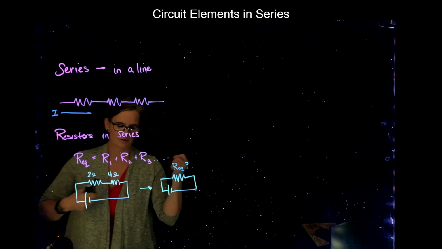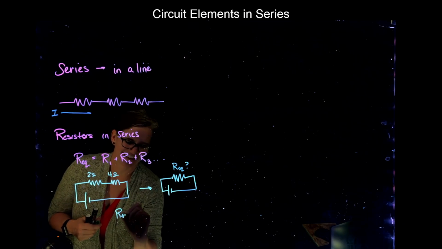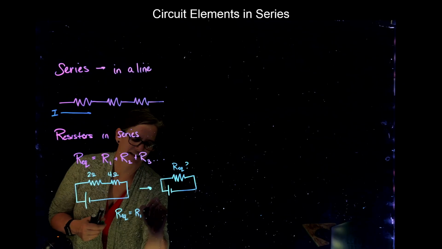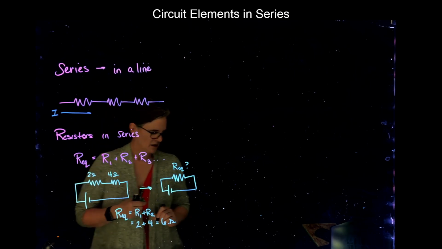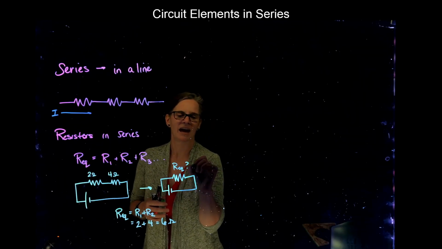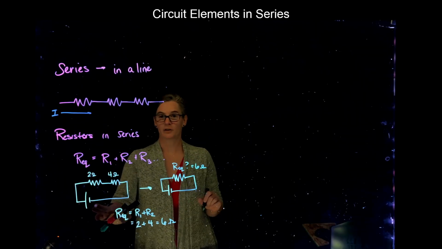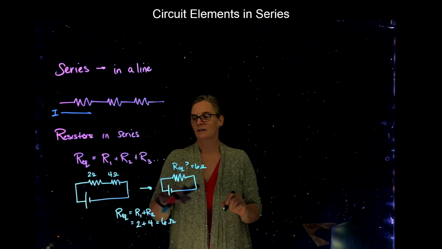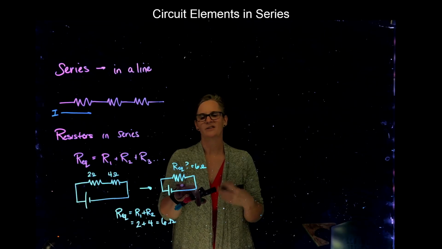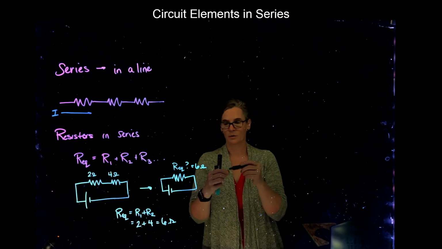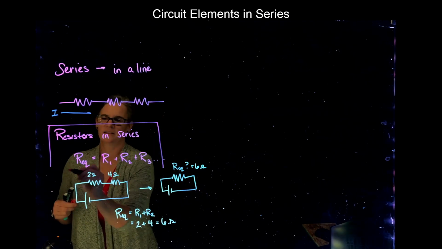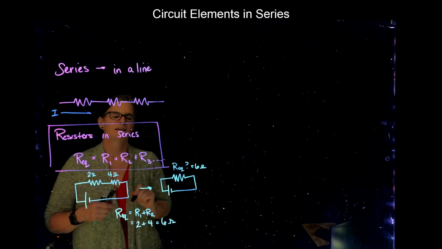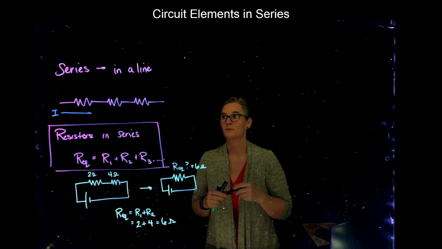For resistors in series, my equivalent resistance is simply R1 plus R2, so 2 plus 4, or 6 ohms. This circuit would be the same as a circuit with the same voltage source but a single resistor of 6 ohms. That's what we call an equivalent resistance. It's important to write this down and remember that resistors in series simply add together.